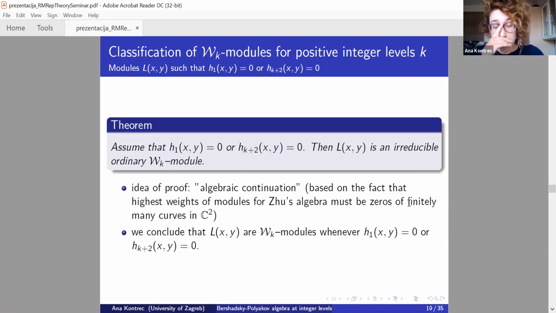Okay, so in this way we have covered the extremal situations, h1 and hk plus 2. And we still need to prove that also for all the curves in between, for general hi of xy, it also holds that the zeros are really highest weights of a WK module.